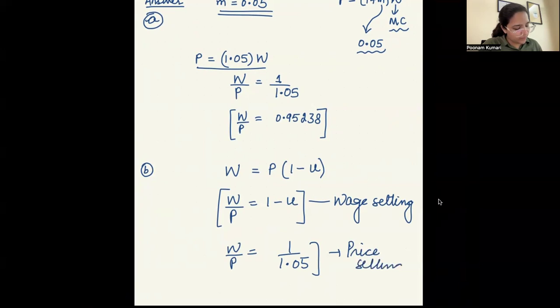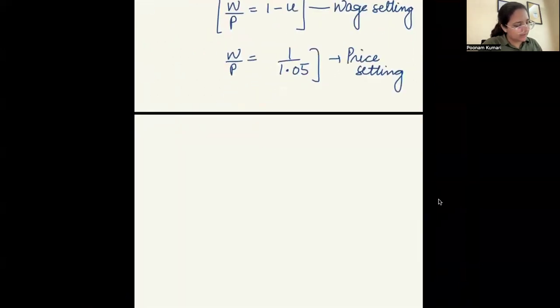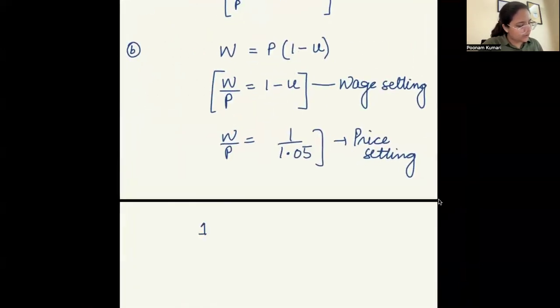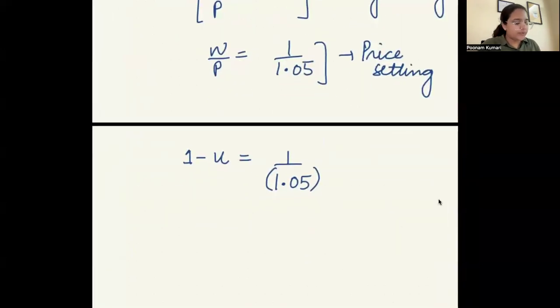So when we equate these two, whatever is the unemployment rate at that point is my natural rate of unemployment. So what should we do now? 1 minus 1 upon 1.05 is equal to U.